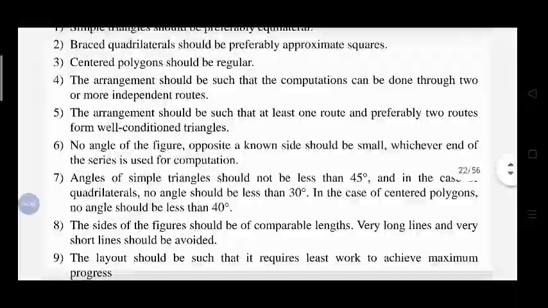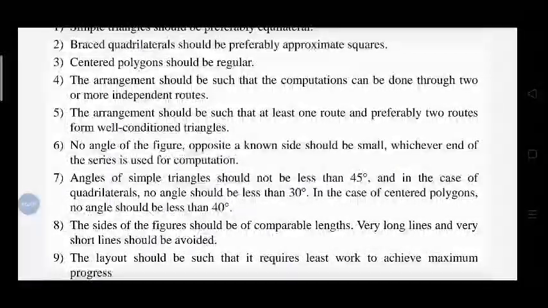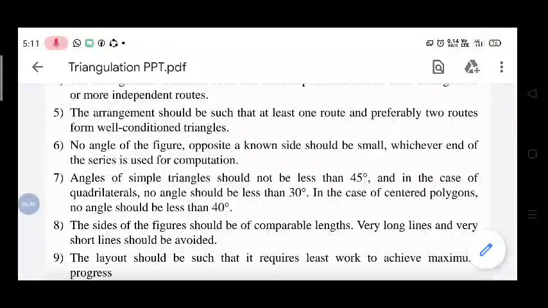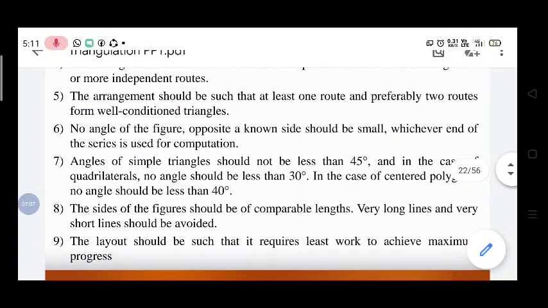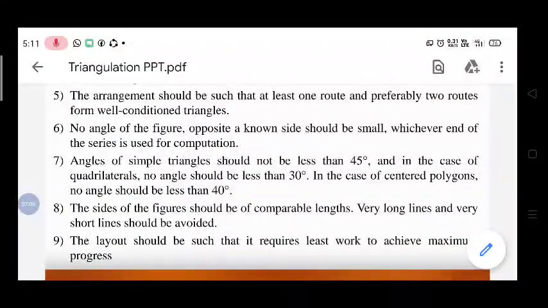Compare that with sine of 90 degrees, which is 1, and sine of 100 degrees, which is 0.98. The difference is very small, 0.02. So the angle should not be less than 30 degrees.